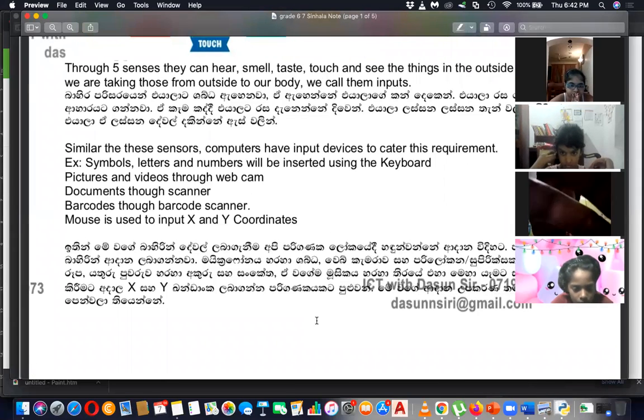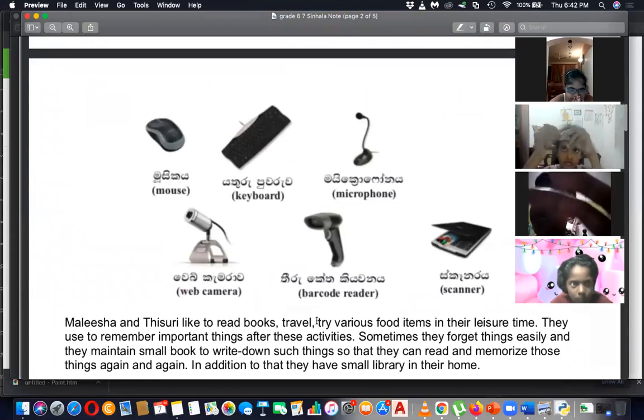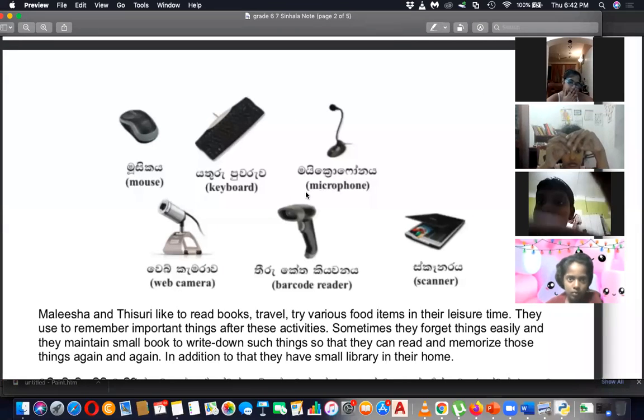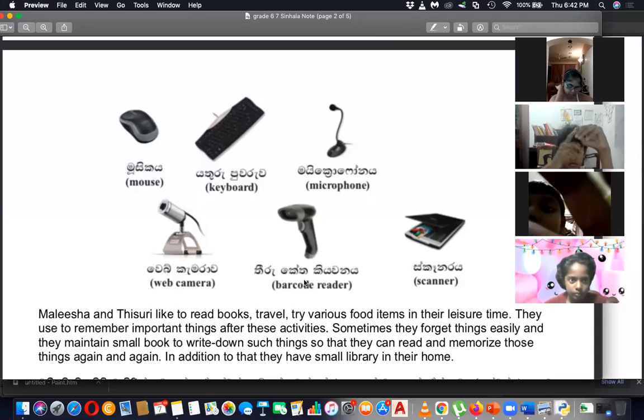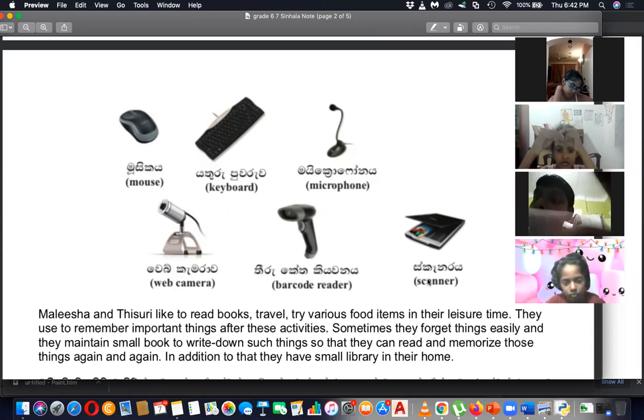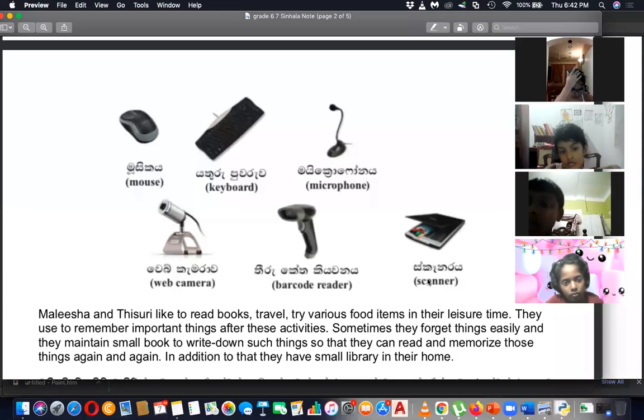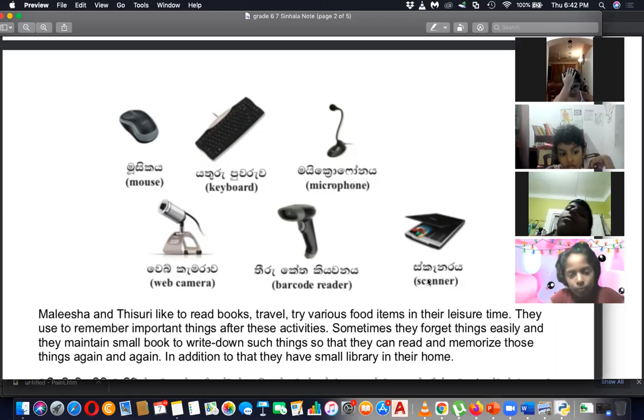So what are the things taken in by the computer? These are the input devices: mouse, keyboard, microphone, webcam, barcode reader, scanner. And what else? Other than these, what are the other input devices? Anyone can tell?